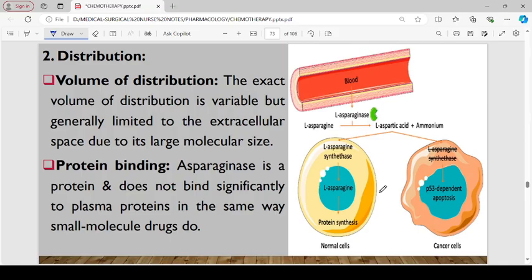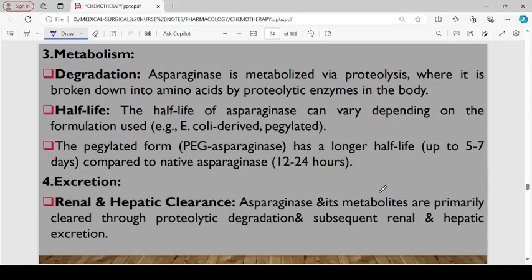The exact volume of distribution for asparaginase is variable, but generally it's limited to the extracellular space due to its large molecular size. Asparaginase is a protein and does not bind significantly to plasma proteins in the same way small molecule drugs normally do. Asparaginase is metabolized via proteolysis, where it is broken down into amino acids by proteolytic enzymes in the body.